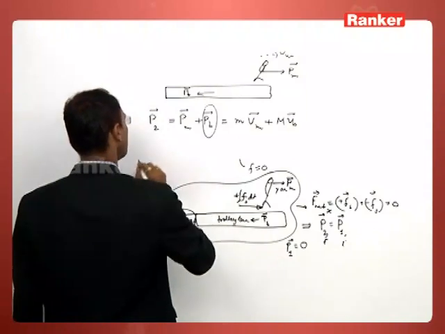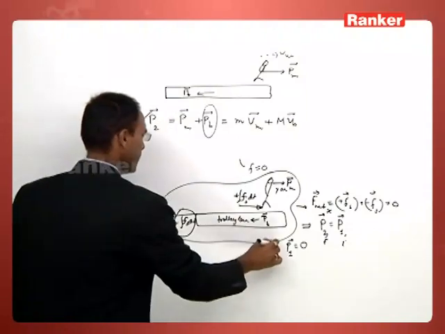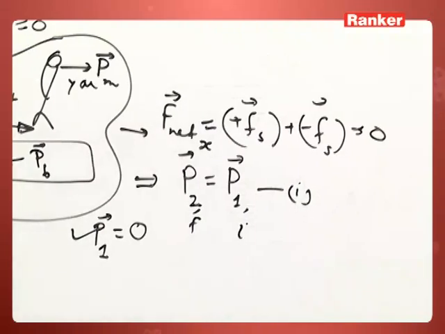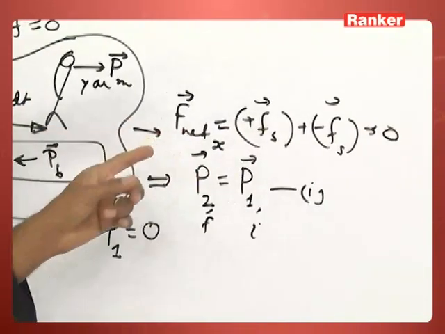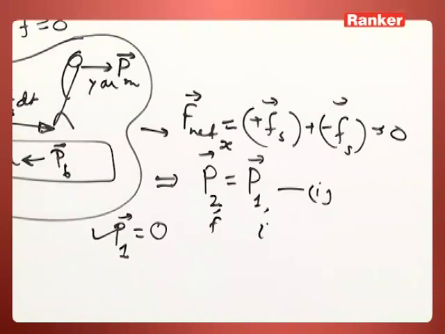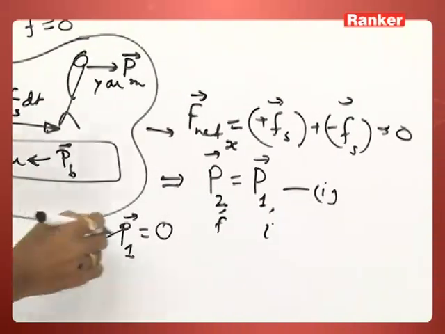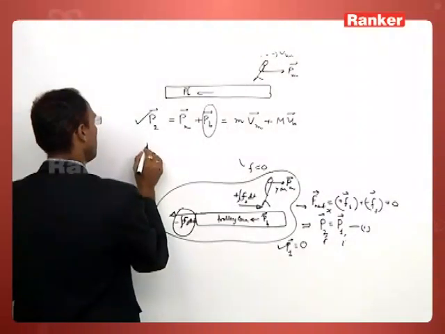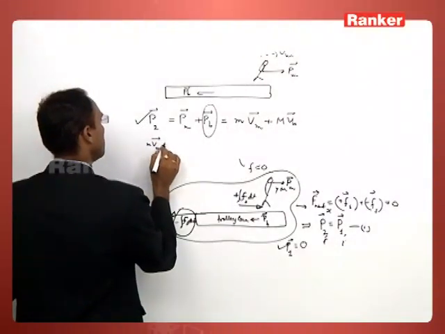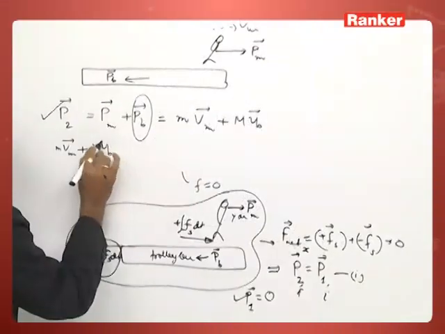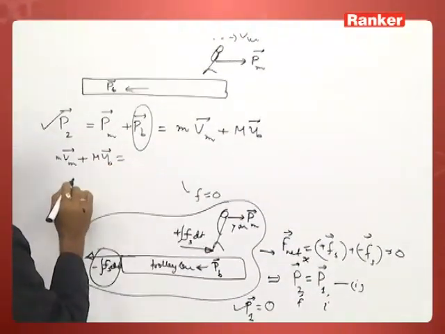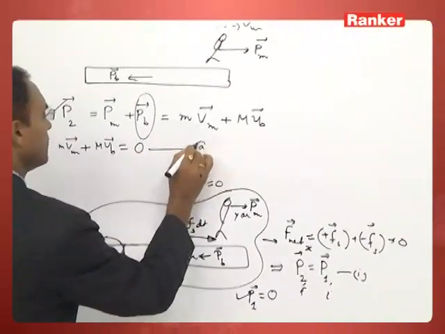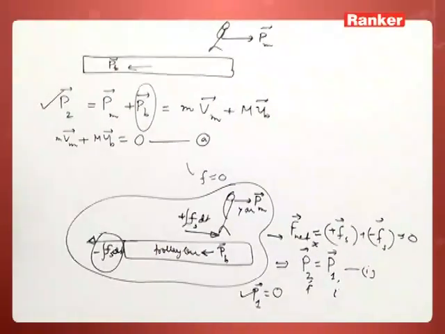Once you get the final momentum and initial momentum, you have to just equate these two momenta using the concept of conservation of linear momentum. So substituting P2 and P1 in equation 1, we are getting m Vm plus M Vb is equal to 0. That is equation number A.